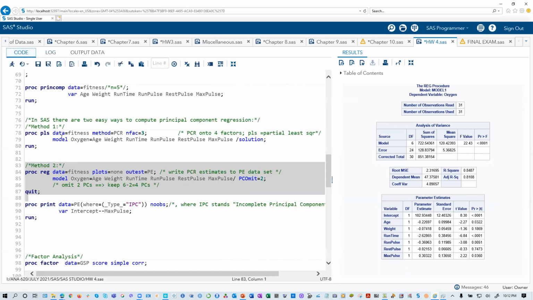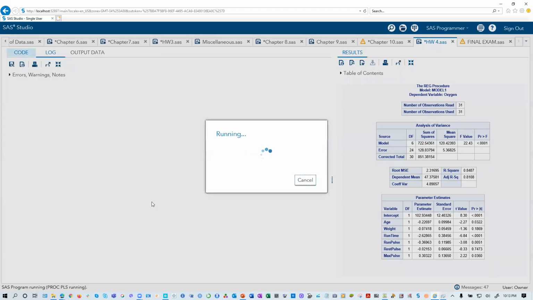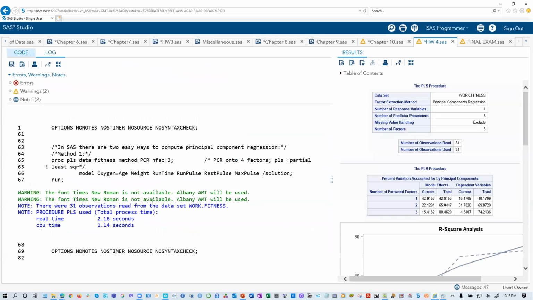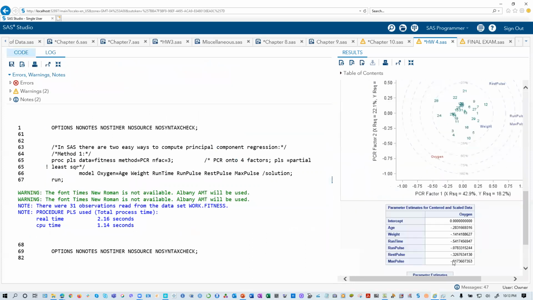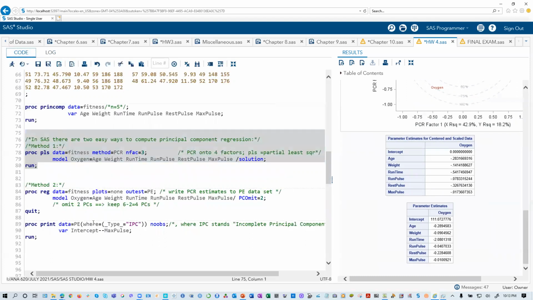Okay, let's go to this method. See, 127, but here, because it's based on the incomplete principal component, because we have taken out two. In the full one, they come up with the thing here.